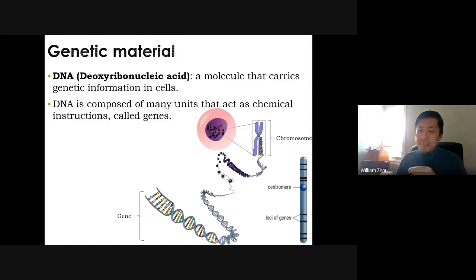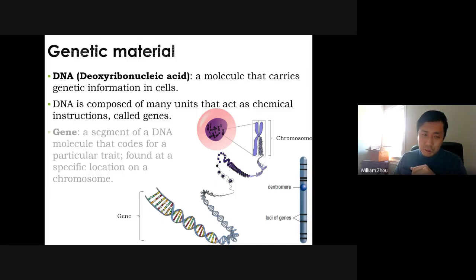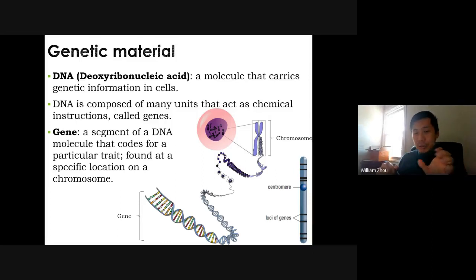DNA is neatly packed and wrapped into something called chromosomes. In the picture, you can kind of see a gene. Well, a gene is a segment of DNA that does something. For example, if you have brown eyes, well, there are genes that tell the body to make your eyes brown. If you have curly hair, there are genes in the body to tell your body to grow curly hair.